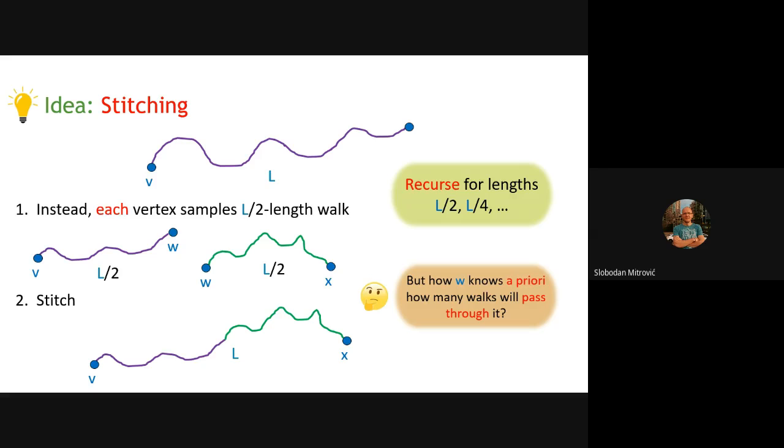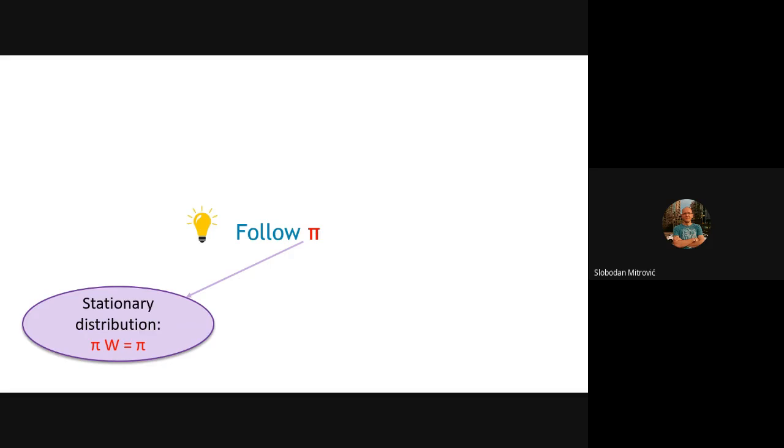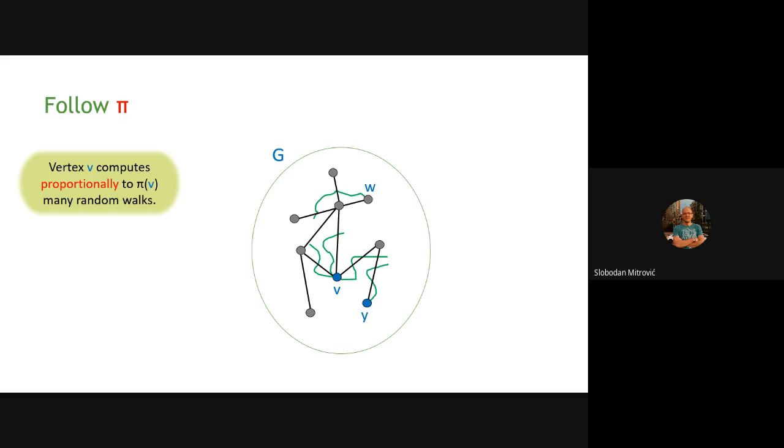And there is a way to resolve this, which is simply to follow the stationary distribution. Here is what I mean. Instead of saying let me compute from V one random walk of certain length, you will say that from V we will compute a number of random walks which is proportional to pi of V, right?